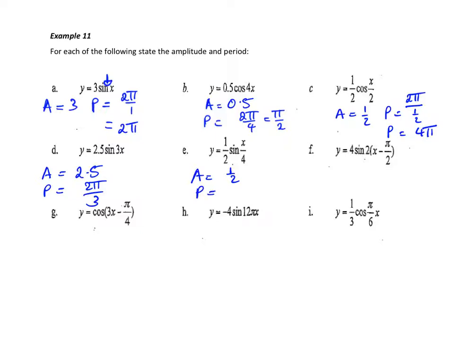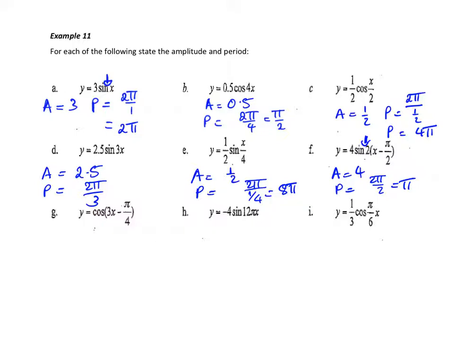Period is 2 pi divided by 1/4, which is 8 pi. Again, dividing by a quarter is like timesing by 4. What about this one? The amplitude is 4. The period is, okay, we're looking at this n value, so it's 2 pi divided by 2, which is pi. Why does it look different? Because you now have a translation, but that does not affect your amplitude and period.